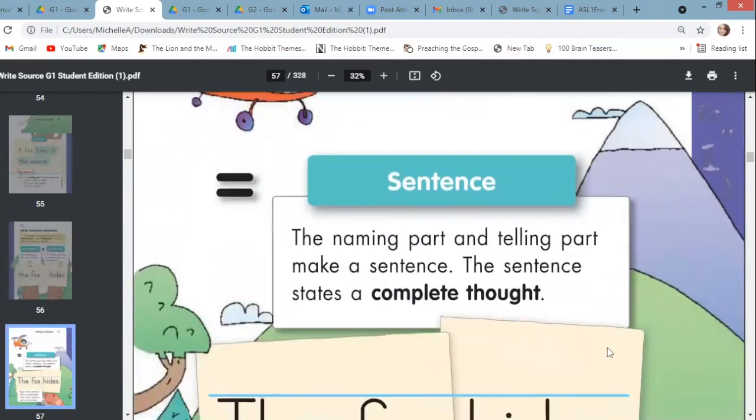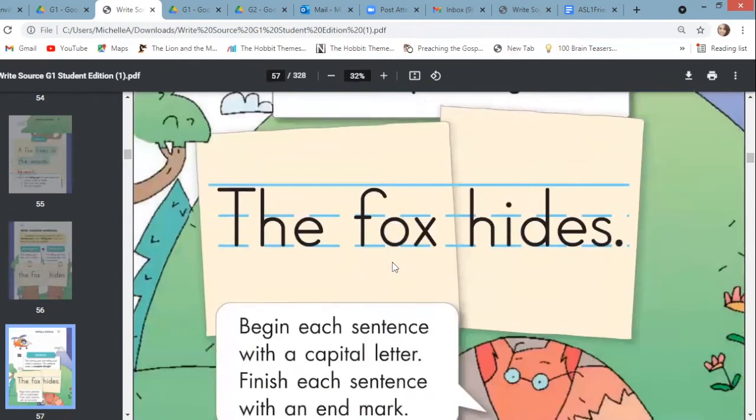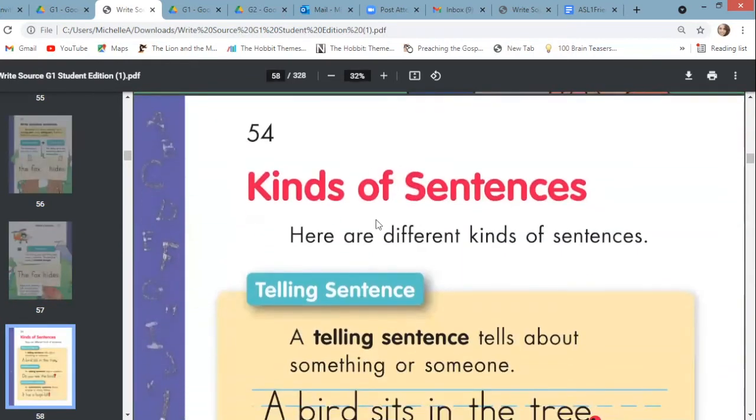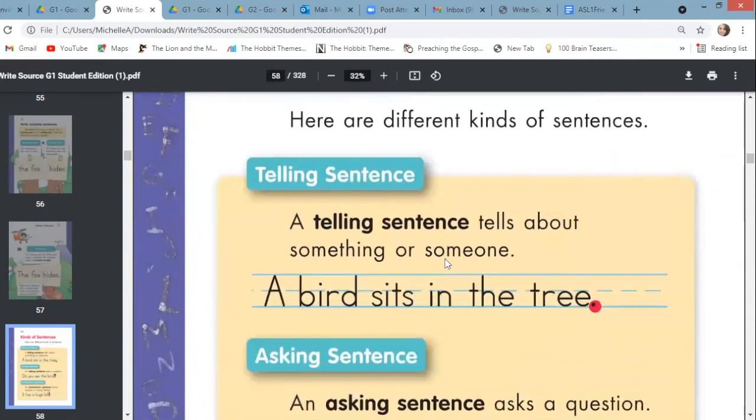No. Okay. All right. So now we're just going to quickly look at different kinds of sentences. As we know, we have the telling sentence. A telling sentence tells about something or someone, as in this example, a bird sits in the tree.